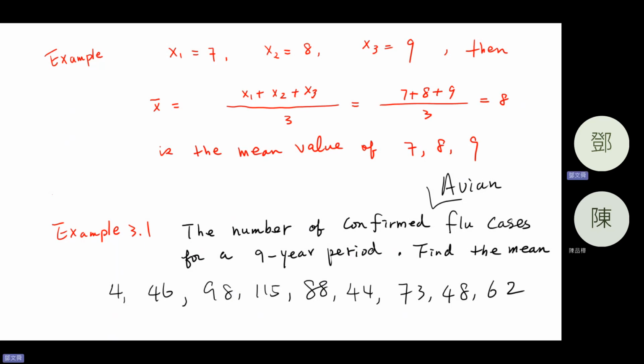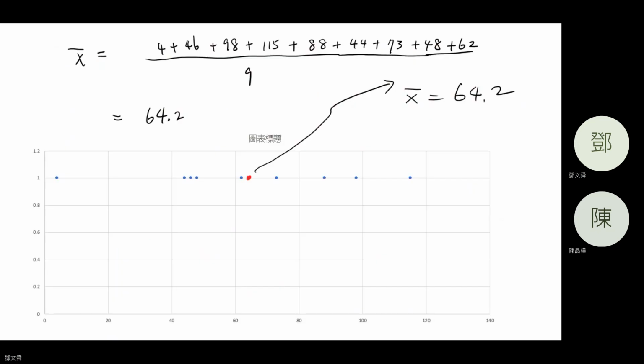And how to calculate? It's very simple. The red spot here is the location of 46.2, which is the average value of the 9 numbers.